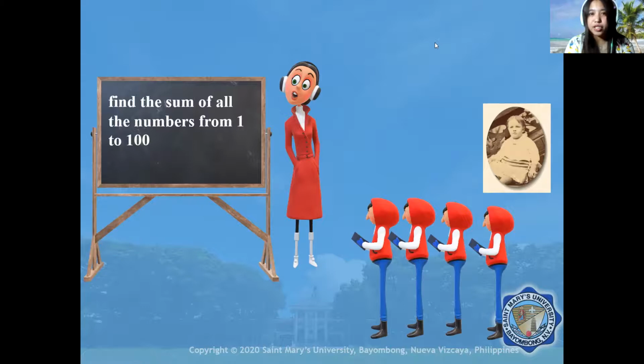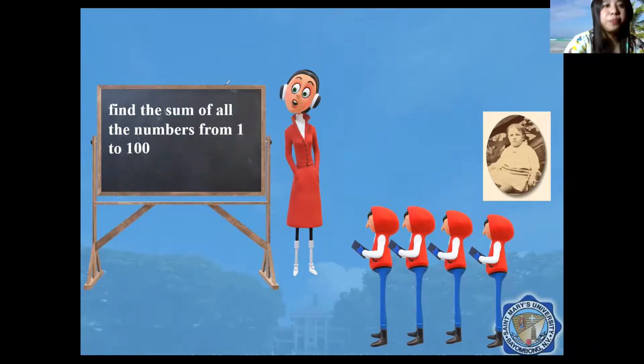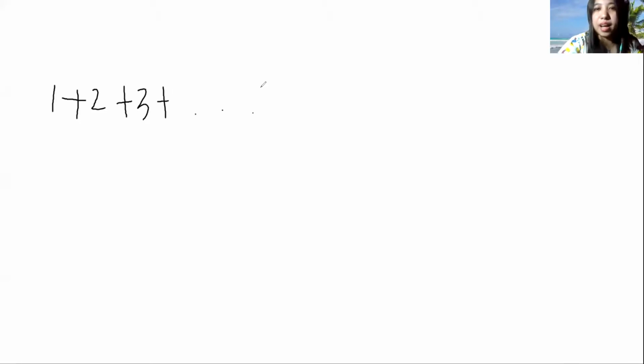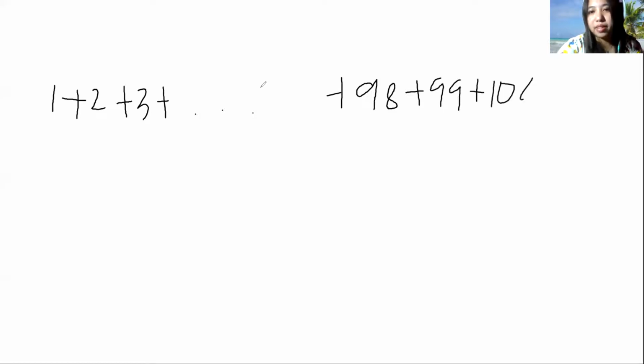So let us show this using the whiteboard. Let's have 1 plus 2 plus 3 until the last number, so we have, for example, 98, 99, and 100.